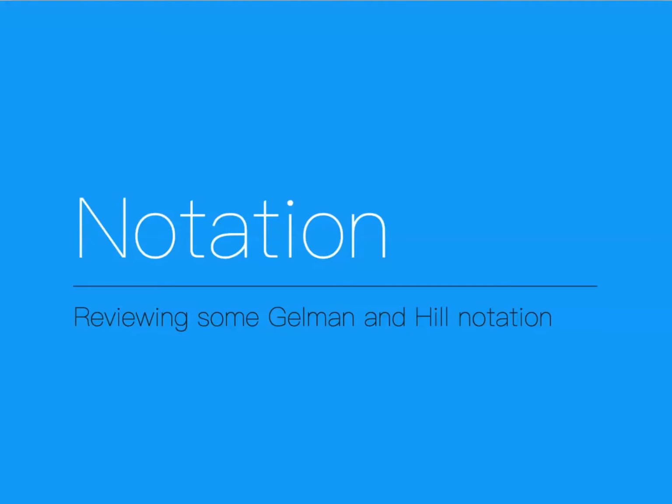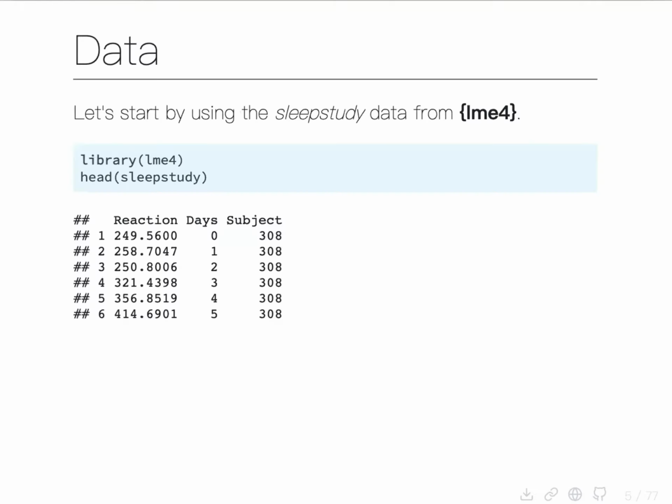Okay, so notation, we're going to review some of the Gelman-Hill notation. So let's start by using the sleepstudy data from LME4. Okay, so just load LME4, and then you should be able to say head sleepstudy, and you'll get a data frame that looks like this. So I'll give you a minute there.